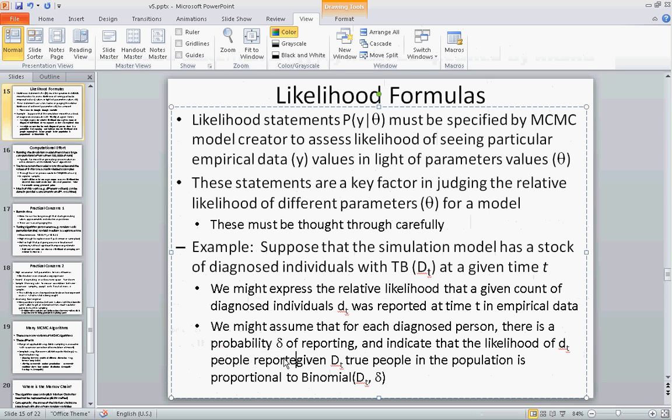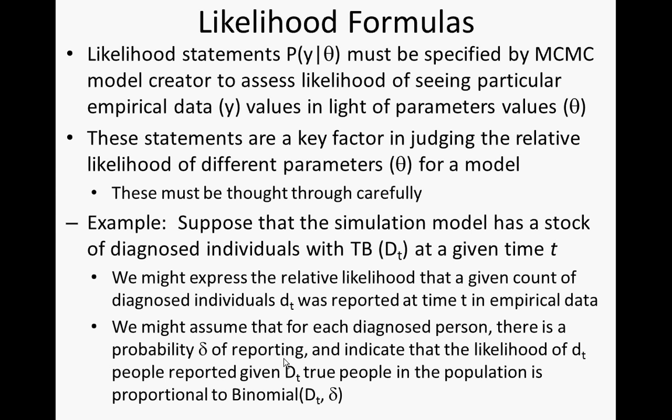Well, to figure that out, we'd assess the likelihood given a binomial distribution that we see this many cases as the result of this many tries, each associated with this probability of being reported. We're assuming that they're independent there. The likelihood of each one being reported is independent, theta.